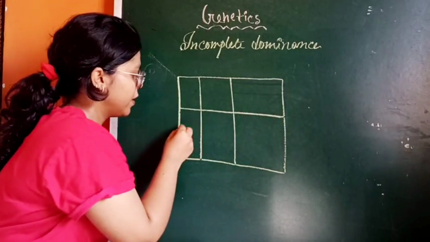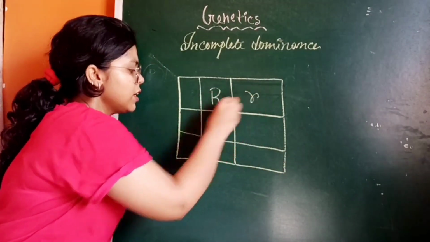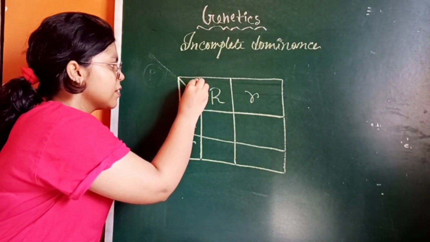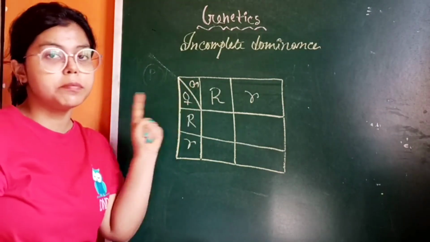He got two types of gametes, capital R and small r, and you need to write the sign of male and female.